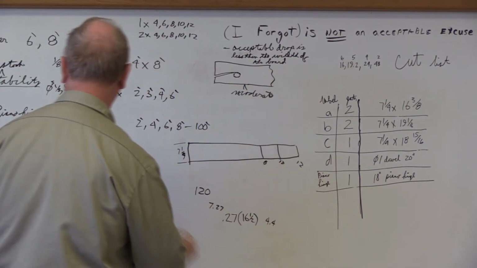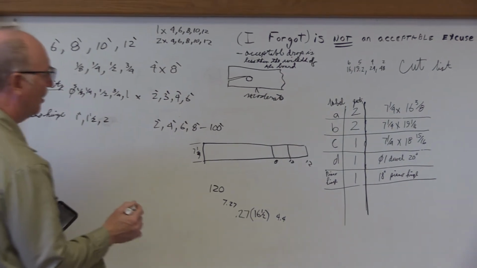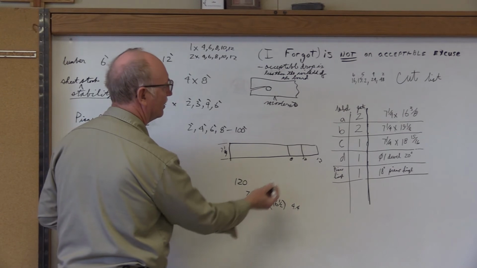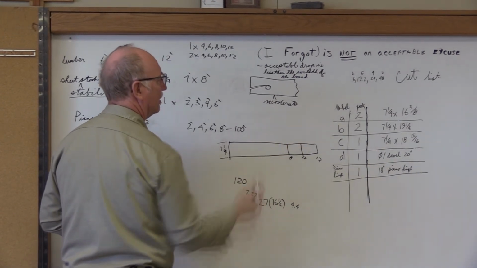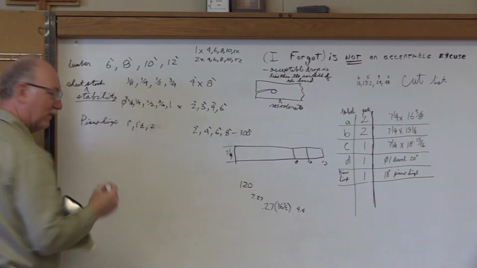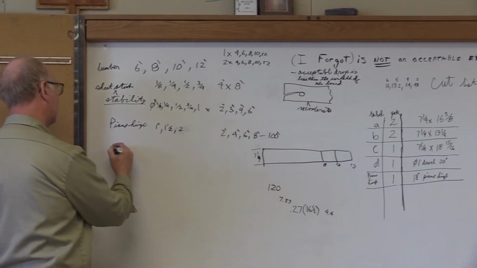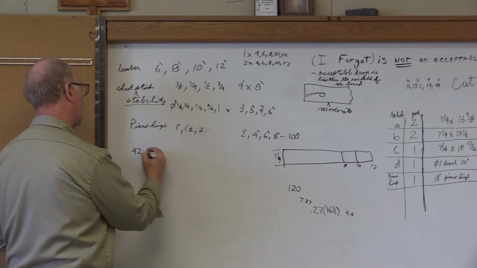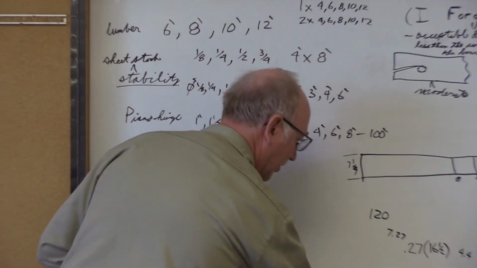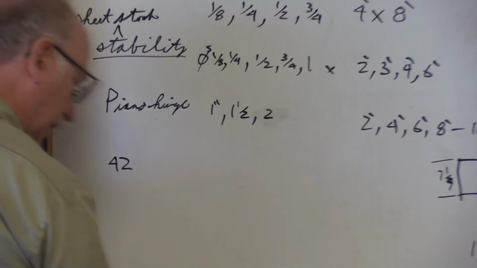I think we've determined that, so how many do we get out of here? We can get 7 A's out of, so let's figure this out. We're going to be building 42 boxes. Let's put that underneath as a caret mark. We're doing a little bit of an equation here.